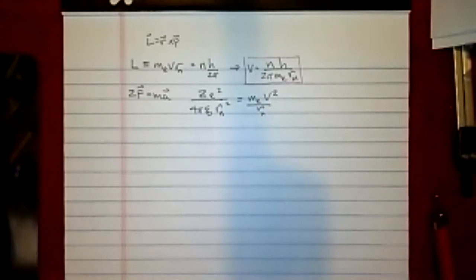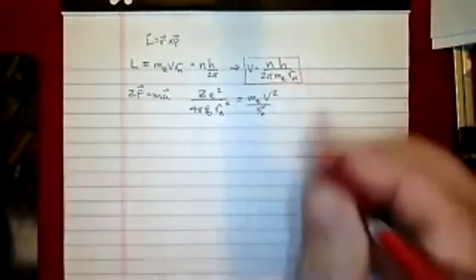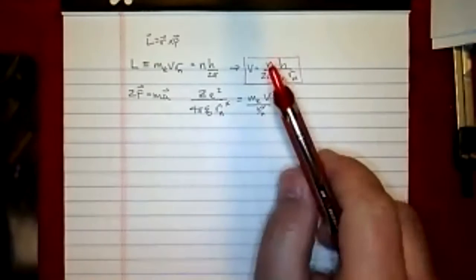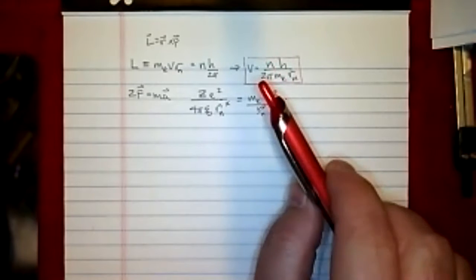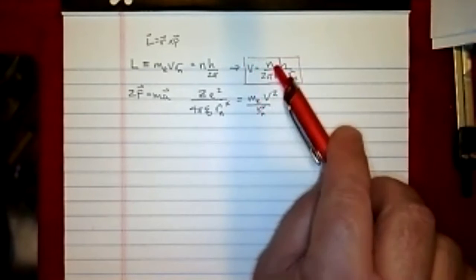So with that, we can immediately see that one of the Rn's is going to cancel out. And that actually gives us the ability to solve for the Rn.